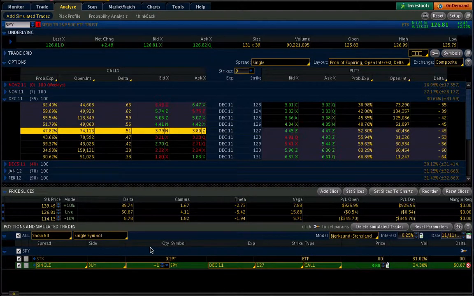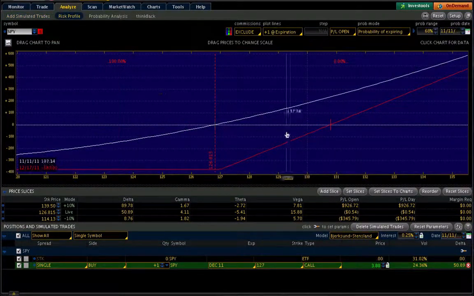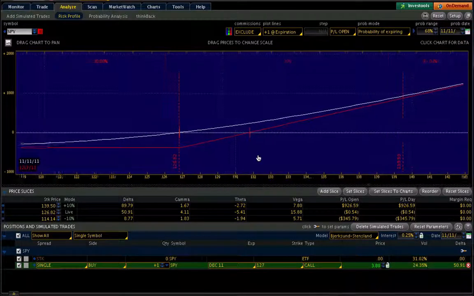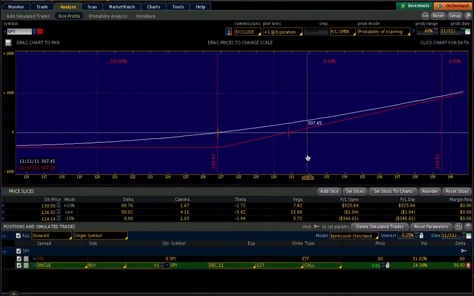So let's go over to the risk profile. And this is the one thing I really like about Thinkorswim. This risk profile is something that you are going to use all the time. We purchased one call at the 127 strike. Now the stock needs to go up in value.